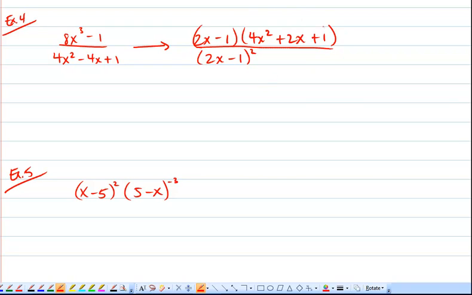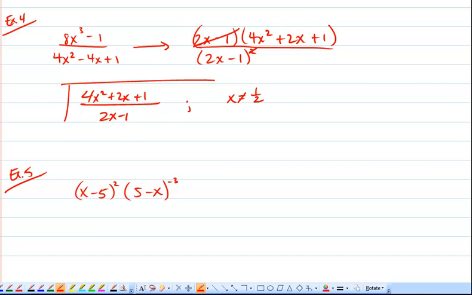Before we go ahead and cancel this out, we want to make sure that we put down our restrictions that x cannot be a positive 1/2 by setting this part equal to 0. We don't have to do it twice because it's the exact same thing, so it will give us the same answer. So both times, x cannot be positive 1/2. Then once we do that, we can cancel the square and one of the binomials up top and get a final answer of 4x squared plus 2x plus 1 over 2x minus 1, where x does not equal 1/2.